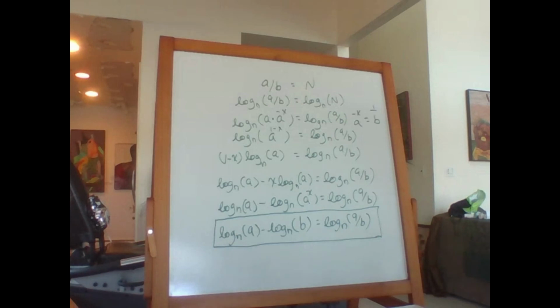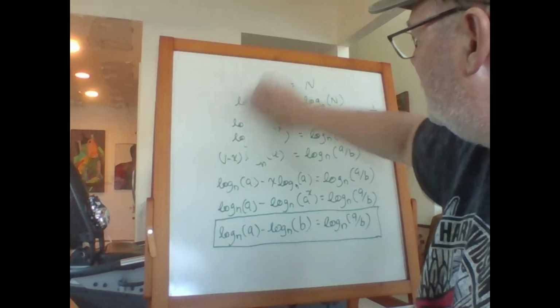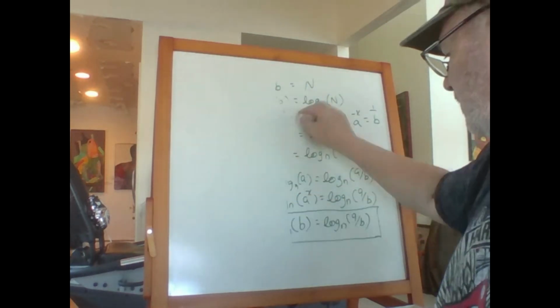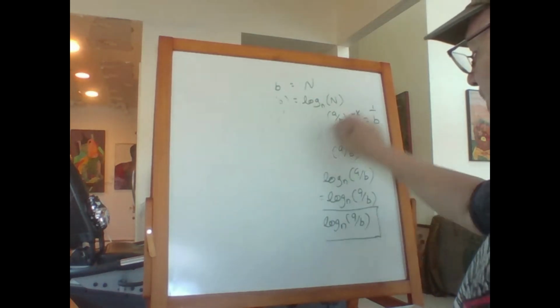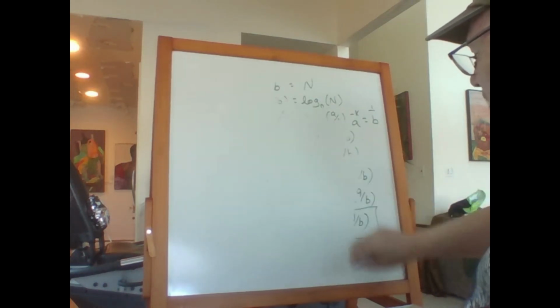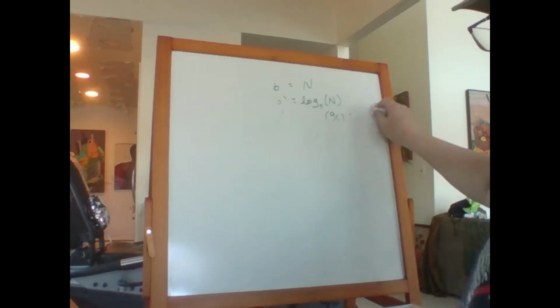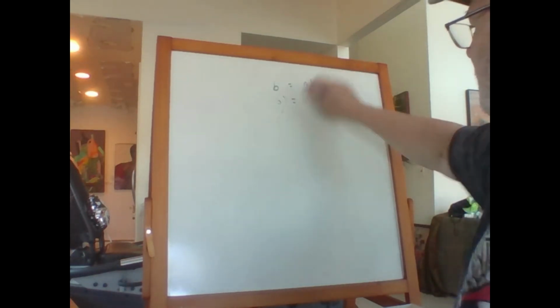So we have shown two important rules for logarithms, or laws. I don't know what you call them, rules, laws, whatever. A law is a mathematical rule, sort of like Newton's law.